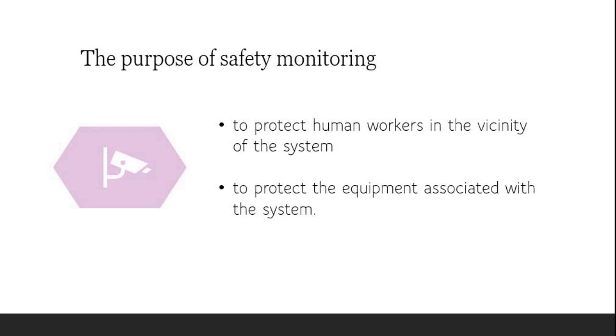So there are two reasons we look at safety monitoring capability: to protect human workers in the vicinity of the system and to protect the equipment associated with the system.